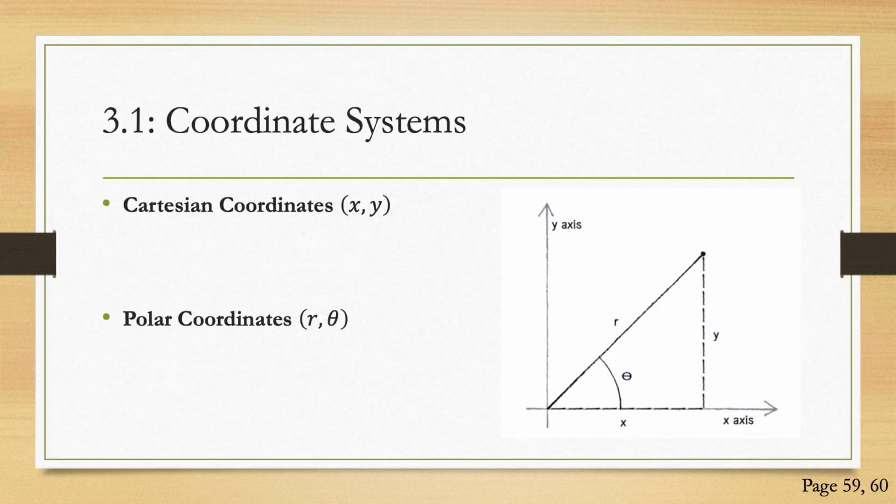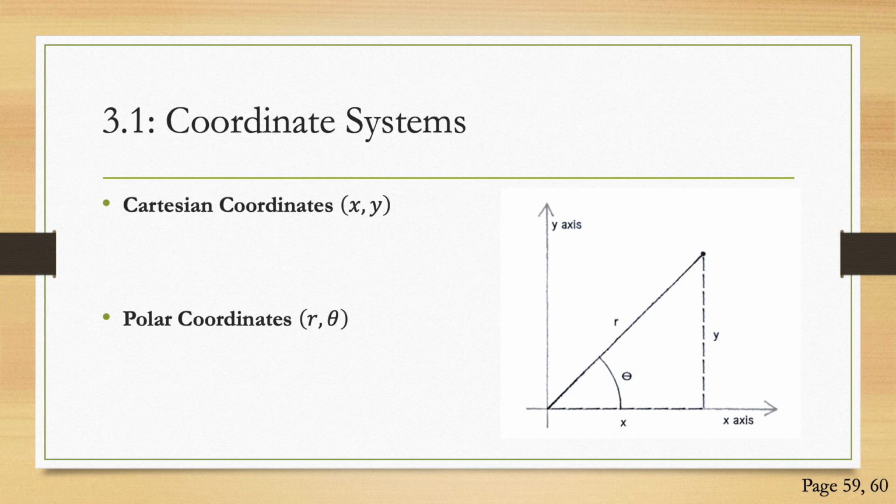Chapter 3, Section 1, Coordinate Systems. In this chapter, there are two types of coordinate systems that are described. Cartesian coordinates, which have x and y values that are plotted on a rectangular coordinate system.